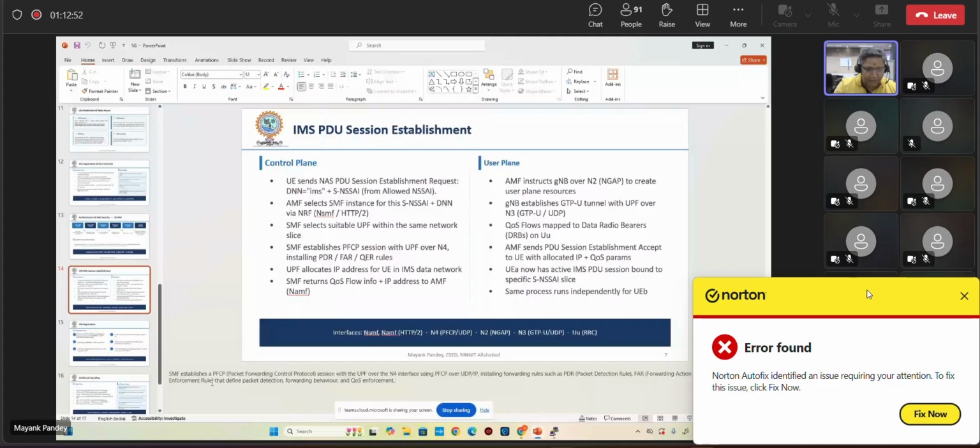And this in totality defines packet detection, forwarding behavior, and QoS enforcement.